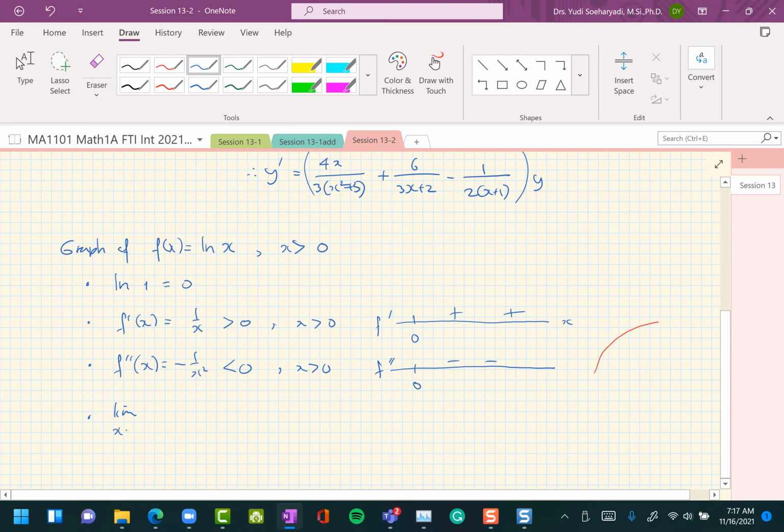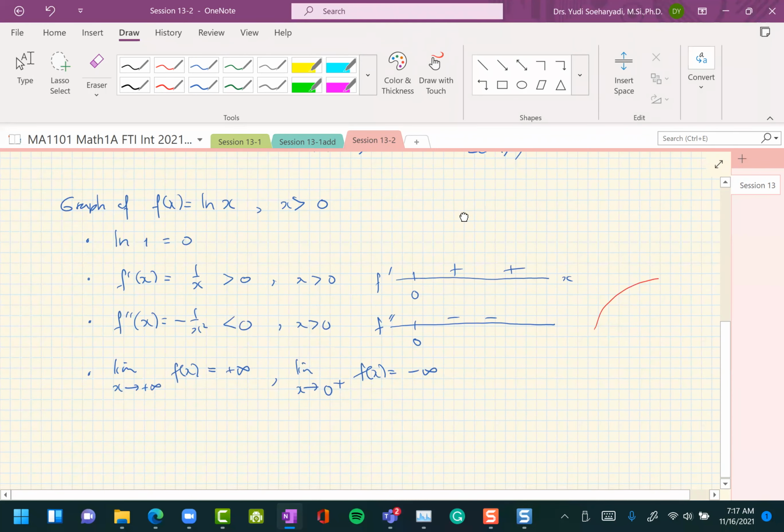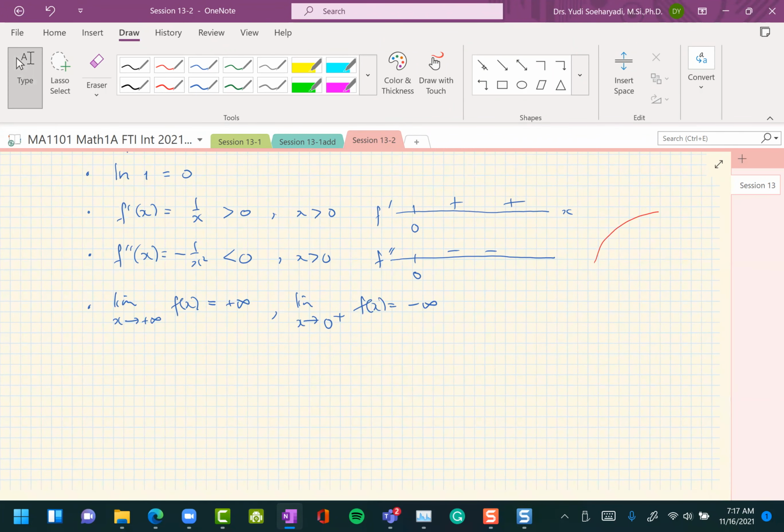The limit as x goes far to the right is infinity, and the limit as x goes to 0 from the right is negative infinity. So the graph is going to be something that looks like this one.